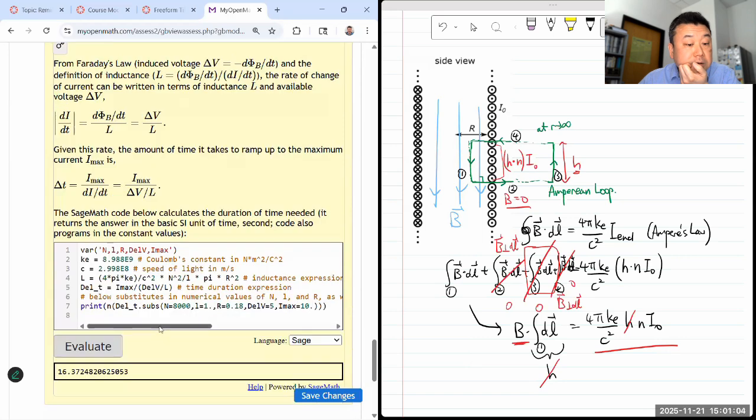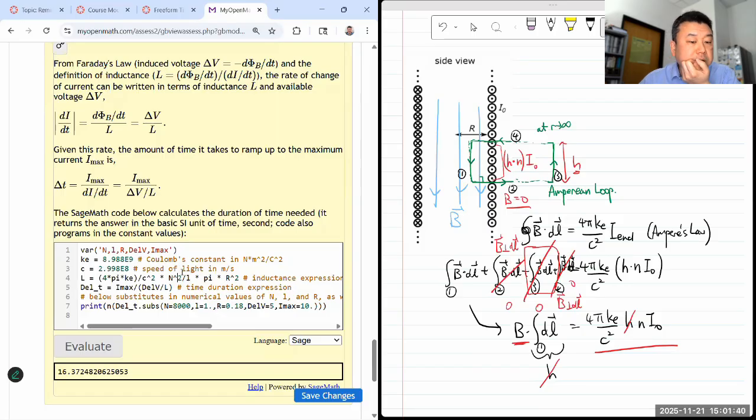Let's see. Delta T is Imax divided by B divided by, Imax is 10. Oh wait, n squared.